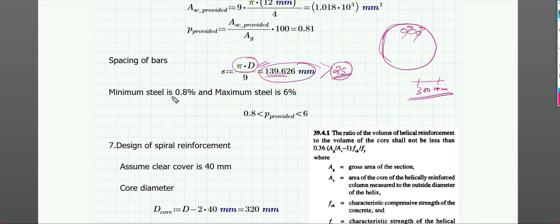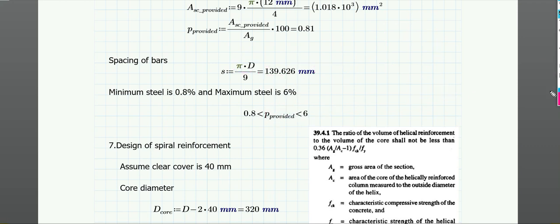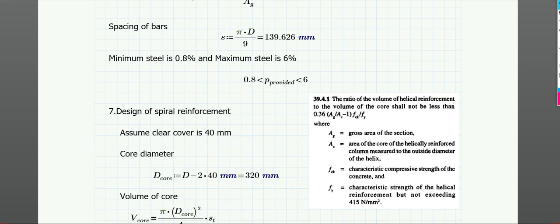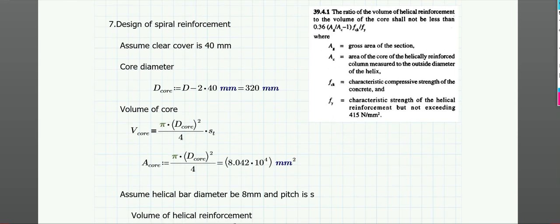And the minimum steel is 0.8%, maximum is 6%. Obviously the steel you have provided is more than the minimum and less than the maximum. So it is very easy while you design the spiral reinforcement.